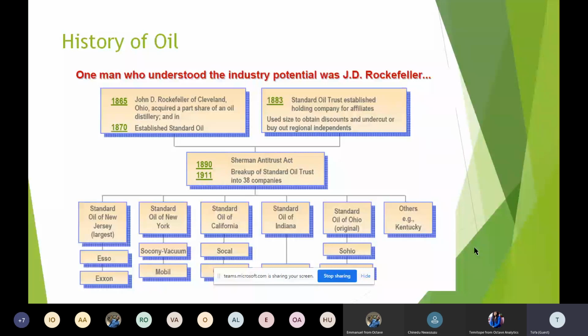And then all the other long things in between, I will strongly advise that you probably look it up for yourself. So that's about it. And today, it was from John Rockefeller to the oil companies that we now hear of and know of.